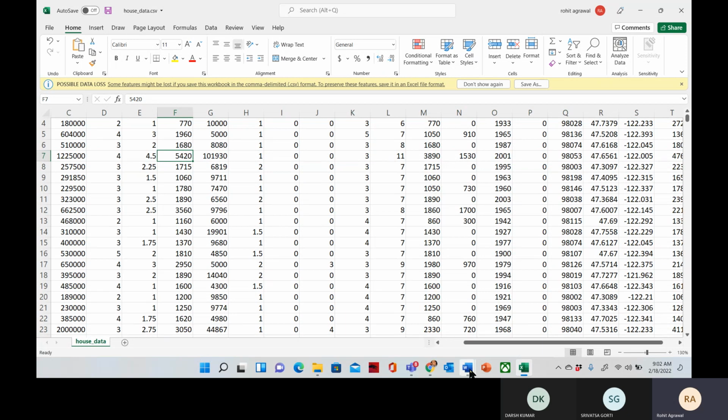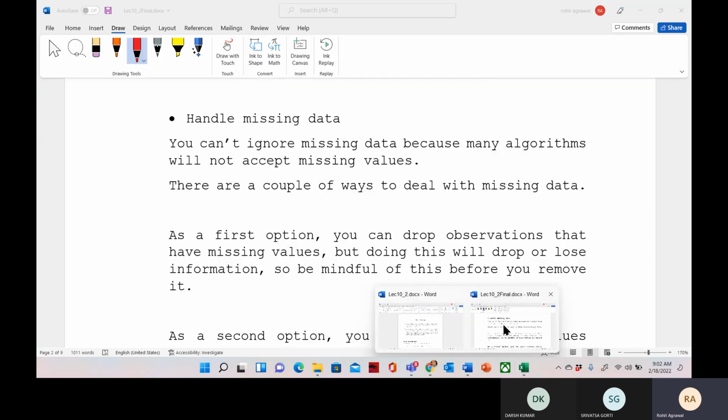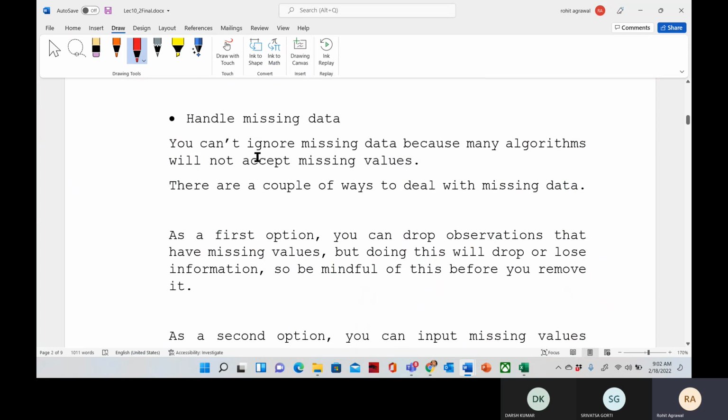So this kind of problem can be in our data itself. Missing values: there may be multiple criteria to handle this, and I can tell you one or two of them. You cannot ignore the missing data because many algorithms will not accept missing data.